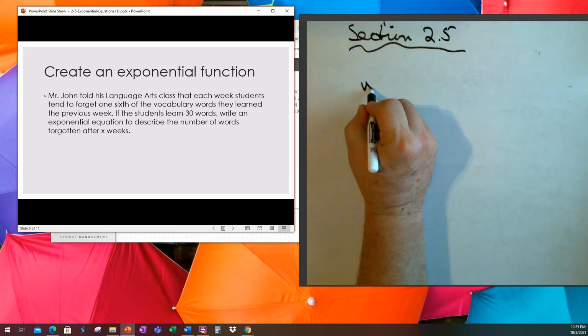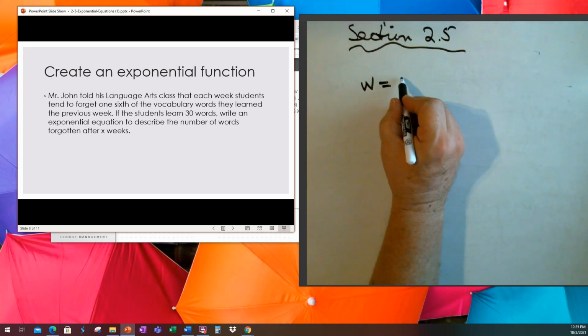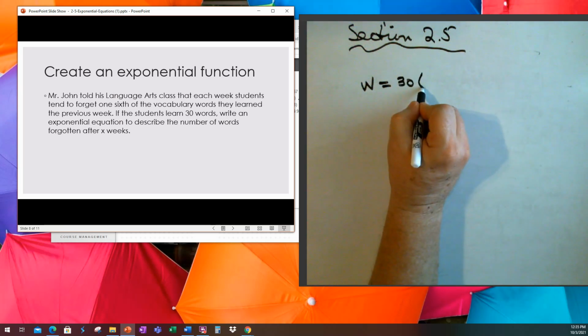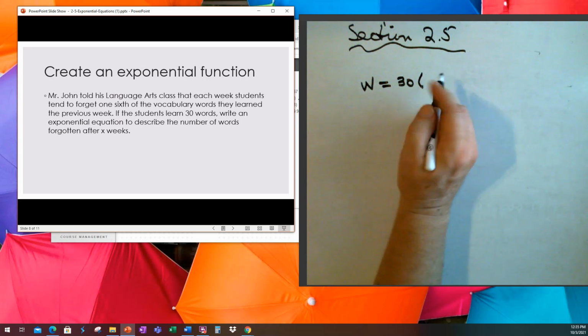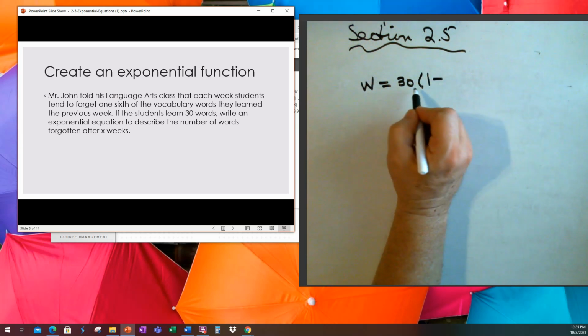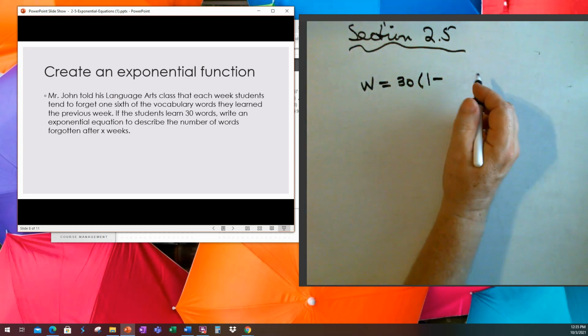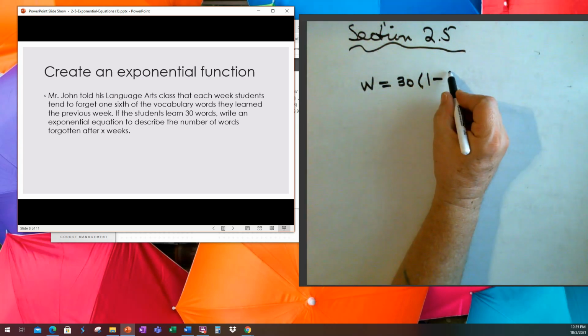So the number of words that they know starts out with 30 words, and the 1 would be 100%. But each week, they have forgotten 1/6.